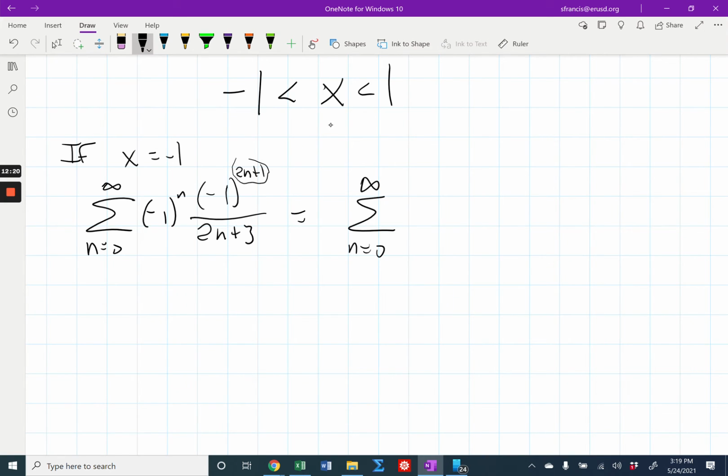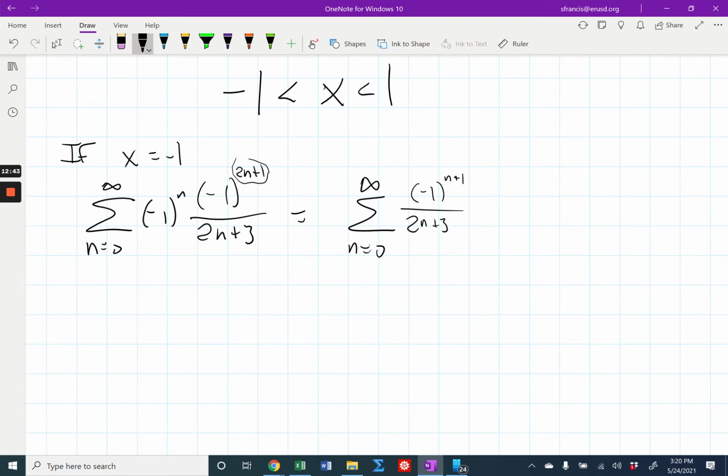When n equals 2, we're going to get a positive times a negative, which is going to be negative. So it looks like we're always going to end up with -1 over 2n plus 3. I said when n equals 0, we need a negative. When n equals 1, we need a positive. So it looks like it comes out to be this.